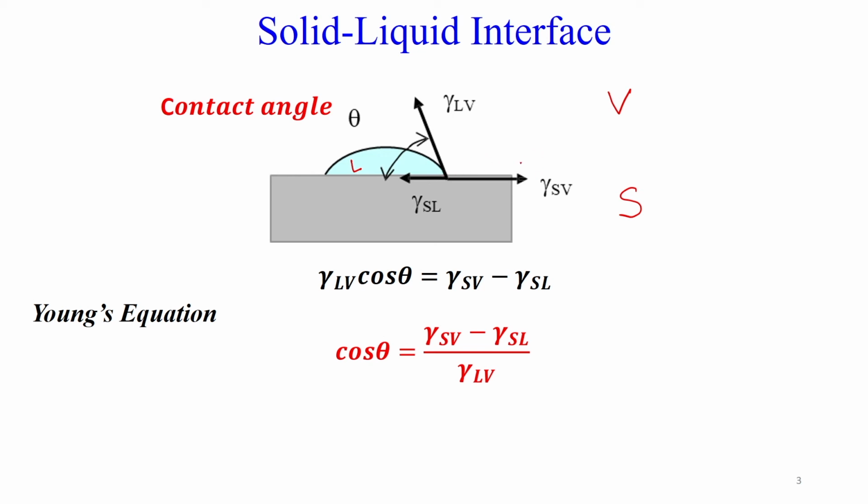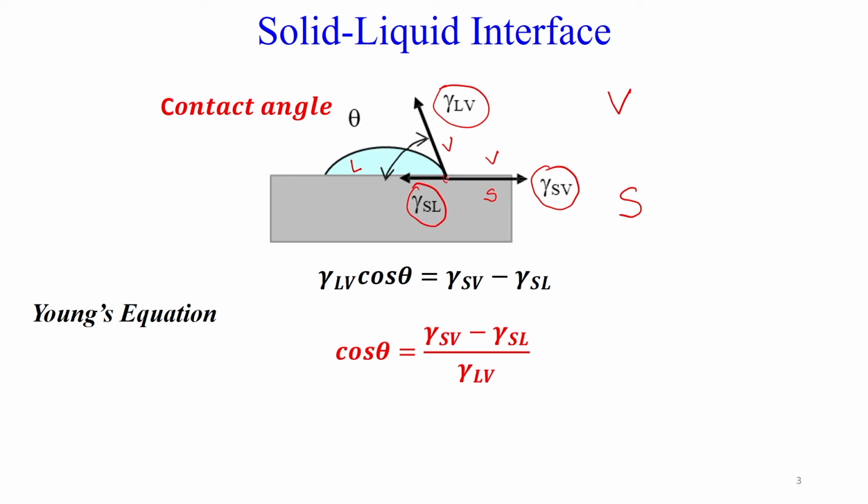One is between the solid and vapor, that is the solid vapor interfacial tension. The second will be liquid and vapor, that is the liquid vapor interfacial tension, and the third will be between the solid and the liquid, that is the solid liquid interfacial tension.